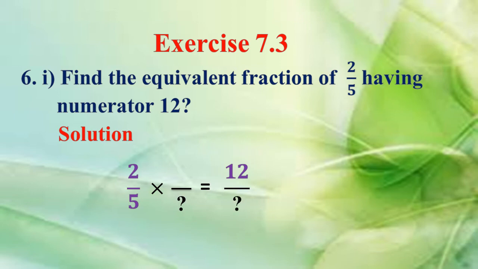Now we want to find that same number. So how many 2s are 12? That is 6. So the common number is 6. So we are going to multiply the numerator and the denominator by the same number. So you can write numerator 6 and the denominator also 6. So 5 6s are 30.